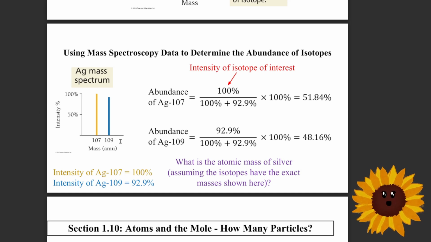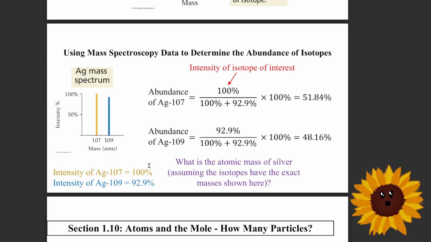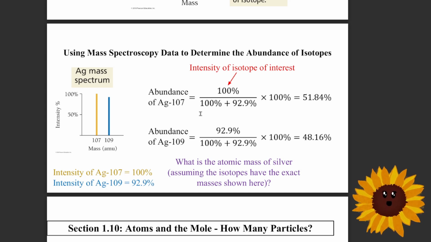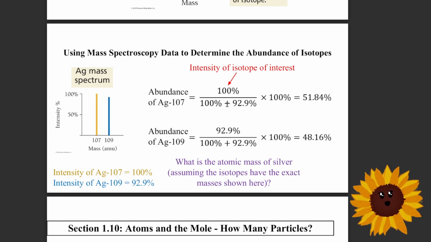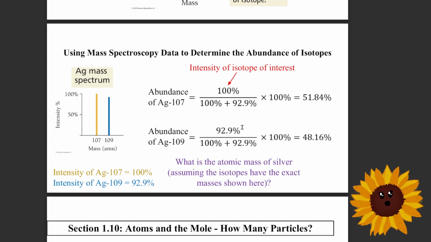So for silver, when we get the mass spectrum, it will give us our intensities, and we can put the combined total of the intensities on the bottom. And for 107, we have the given 100%, so it's given over our total added together, and for the other it's our given 92.9 over our total. And then we multiply by 100 and we get this.